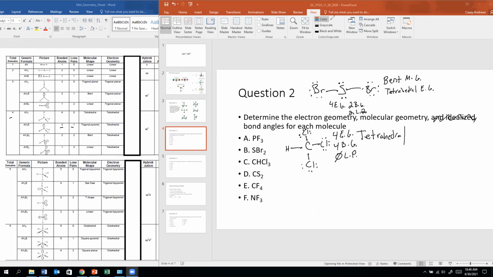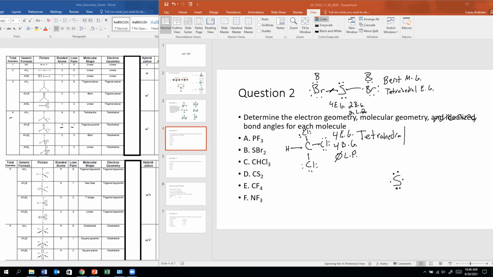How did I find there's 2 lone pairs for B? Well, remember sulfur is right below oxygen. So sulfur has 6 valence electrons, right? Bromine has 7. So when we do our octet rules, bromine is a halogen and only wants 1 bond. So making 1 bond gives it 8 electrons. The other bromine only wants 1 bond, so that'll be 8 electrons.